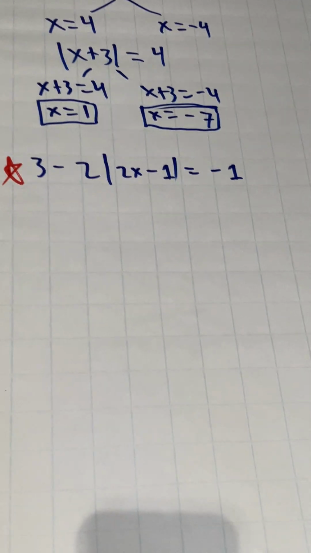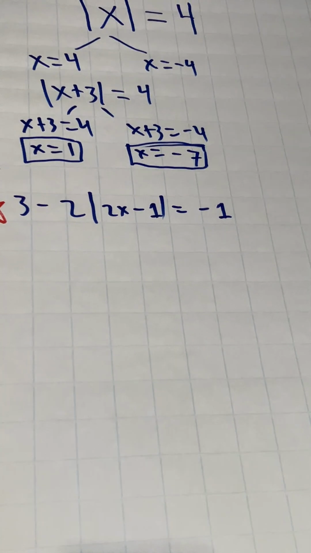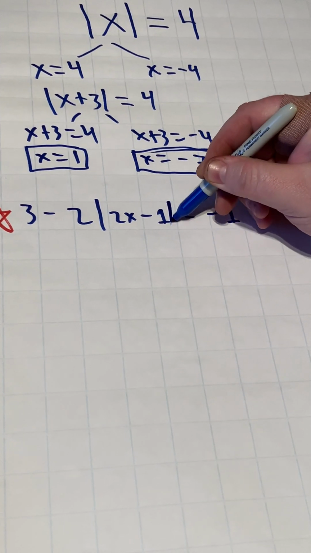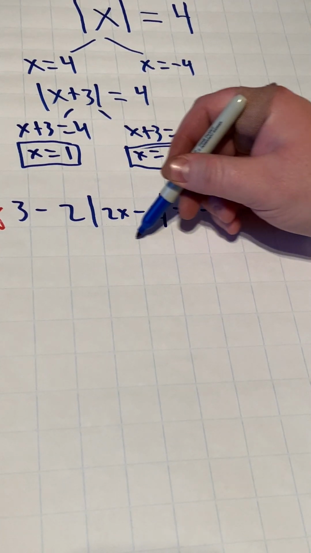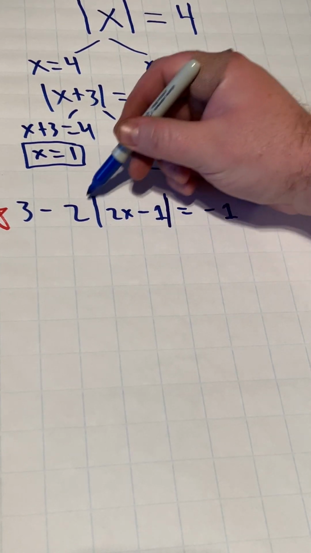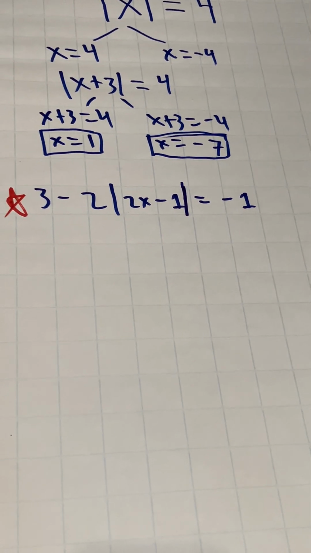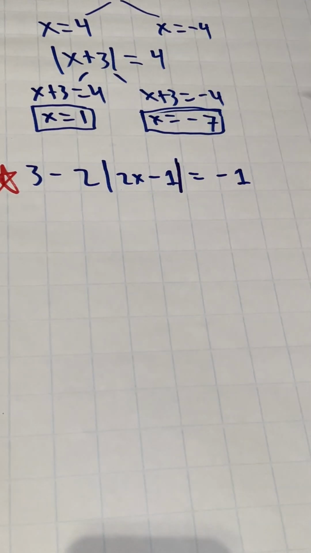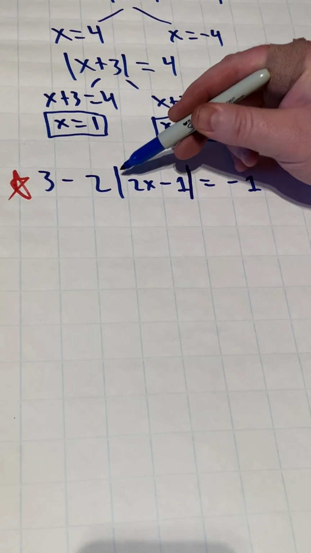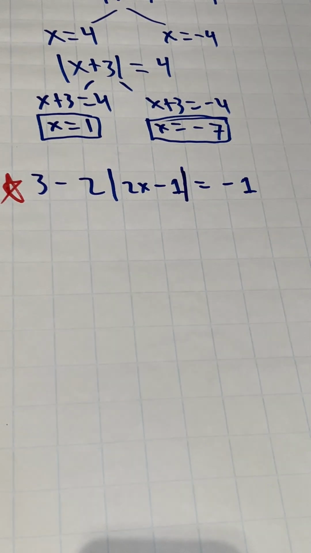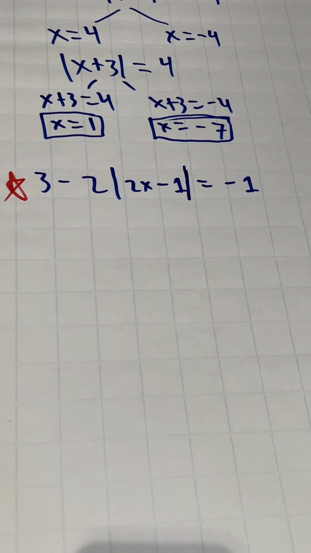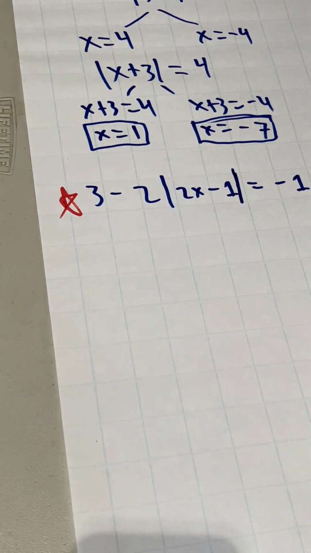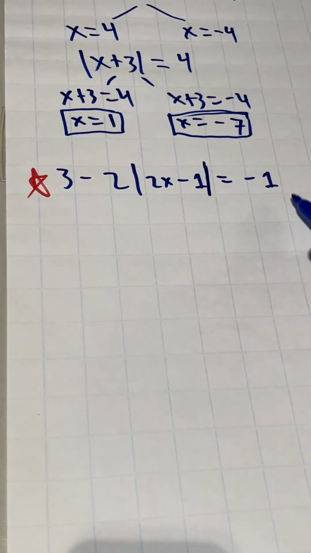We essentially want to look at this and you almost treat the absolute value portion right here as what you're solving for initially. It's almost like this whole thing is x to start out. So we want to isolate the absolute value bars.